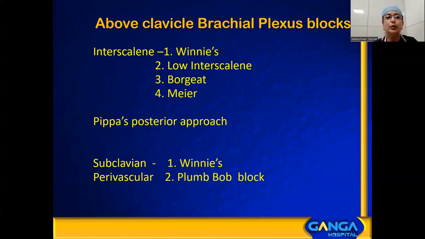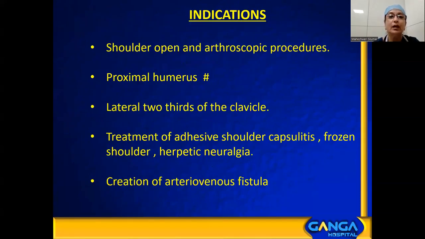Now, coming to the approaches for the above clavicle brachial plexus block: in the interscalene approach, we have Winnie's approach, which is the most commonly followed approach. For the subclavian perivascular, we have Winnie's approach and the Blum-Bob approach. The interscalene block is indicated for open shoulder surgeries and arthroscopic procedures, fracture proximal humerus, and lateral 2/3 of clavicle fracture.